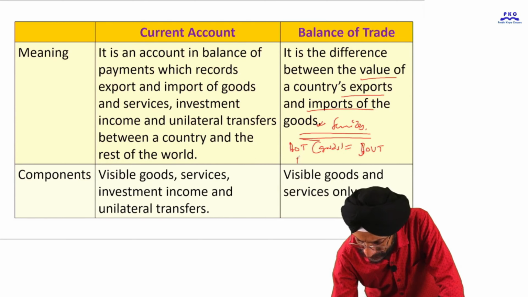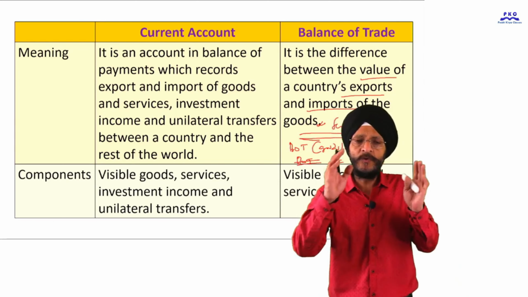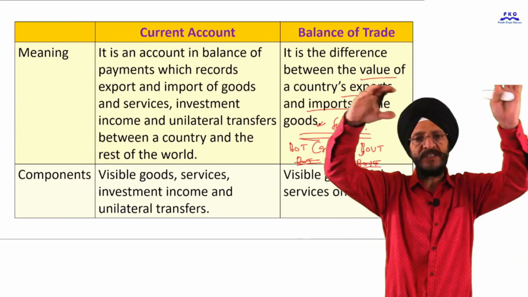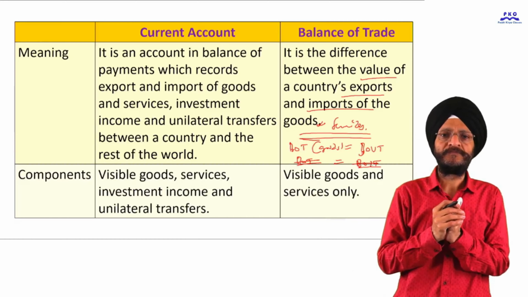If it is concerned only with services, it will be called balance of invisible trade. So when we are talking about balance of trade, we will be taking into account both goods and services because this is the broader aspect.